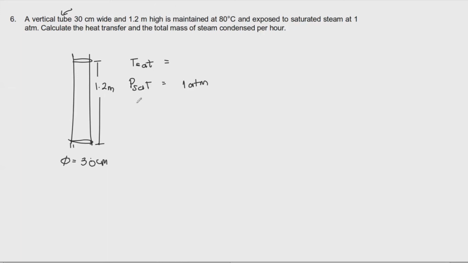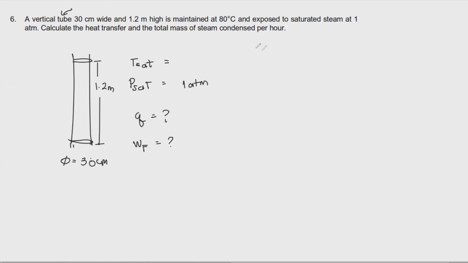And then what we need here is the heat transfer, that's Q. We also need the mass of steam condensed per hour. Let's name this the loading, the rate of loading for our steam, W sub F, because that's how Perry's handbook works.